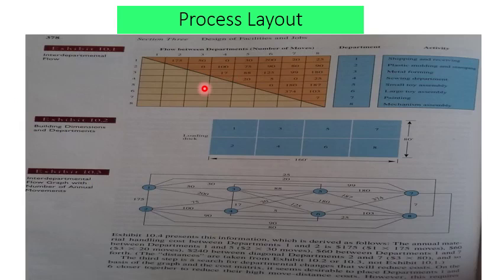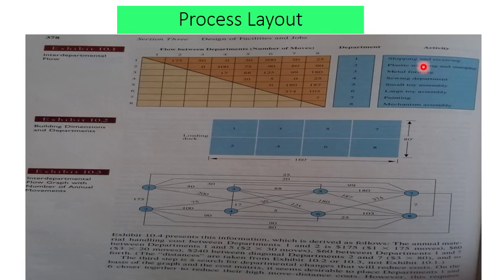This is an example of process layout. Here, flow between departments. This table shows the interdepartmental flows. There are 8 departments, and the activity in each department is this one.